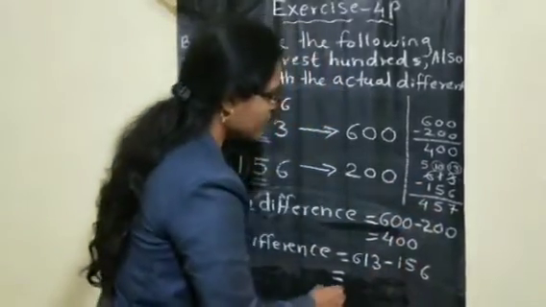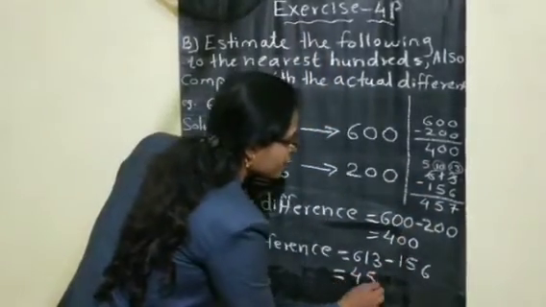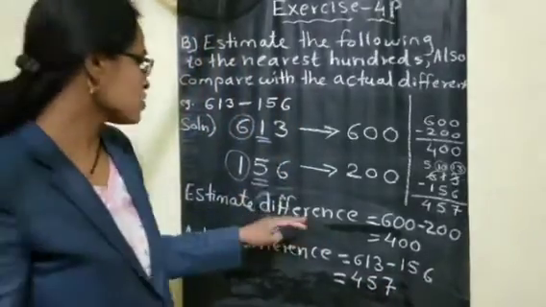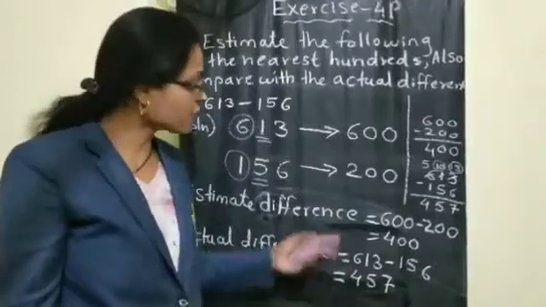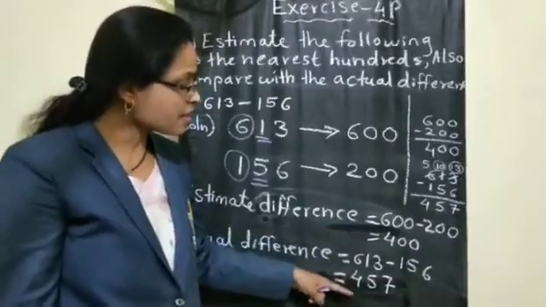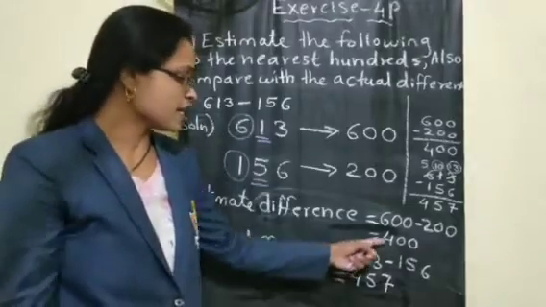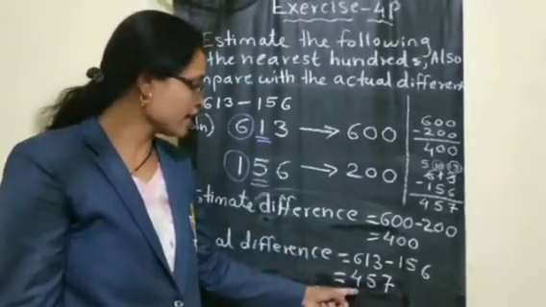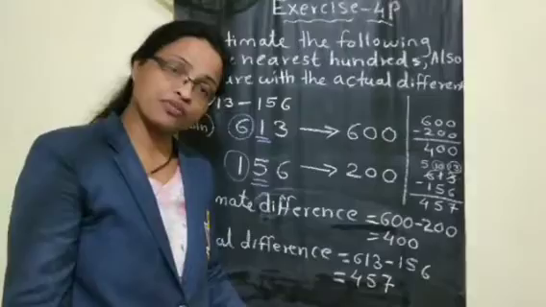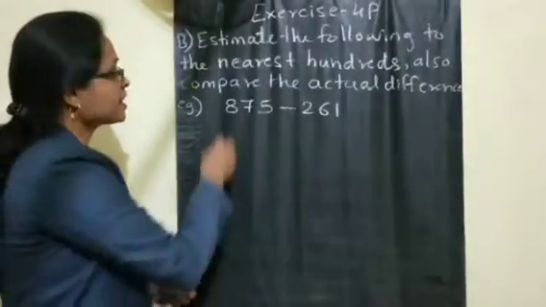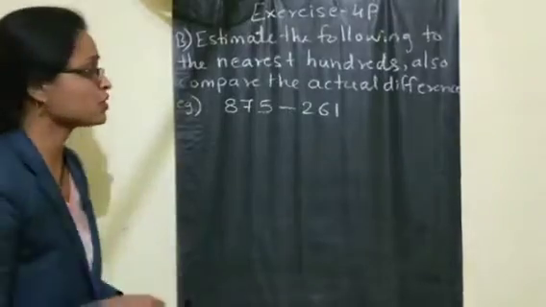So the answer we are getting here is 457. Again if you compare the estimated and actual difference, the difference is near to each other. Estimated difference is 400 and the actual difference is 457. Understood? Okay. Let us take one more example based on the difference.